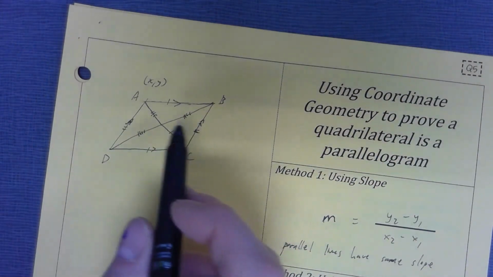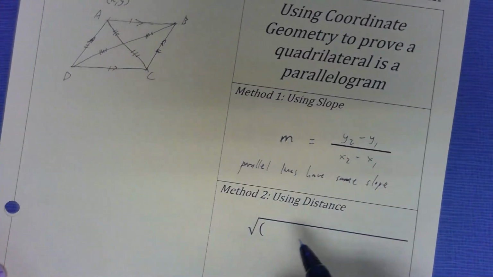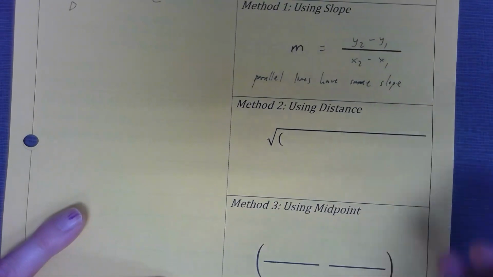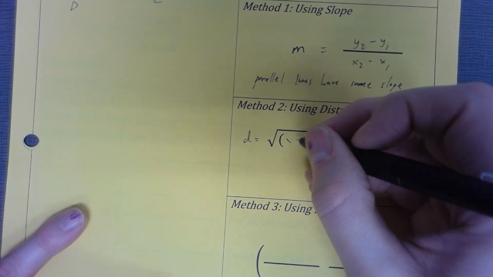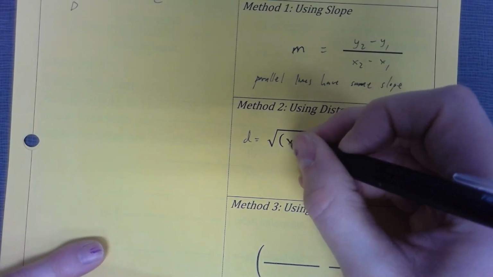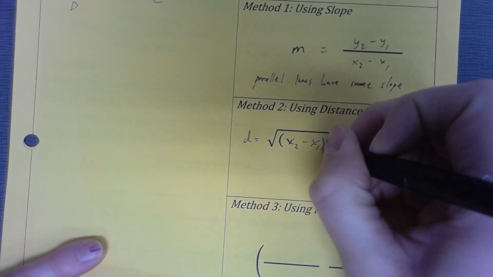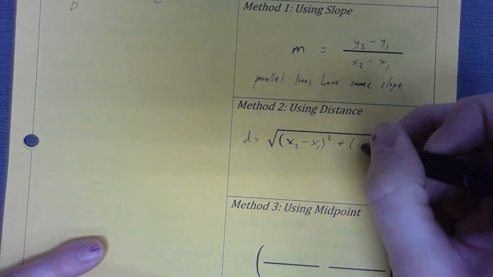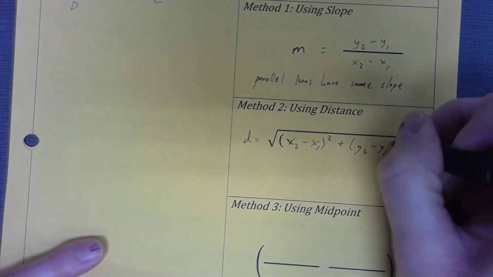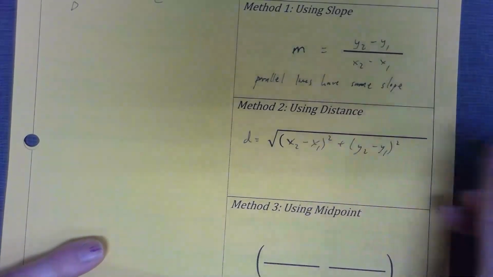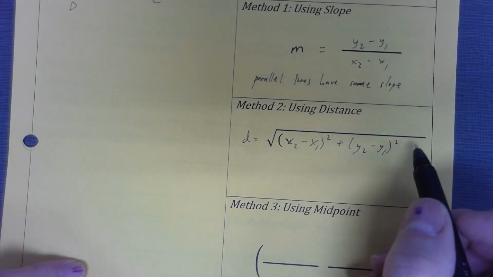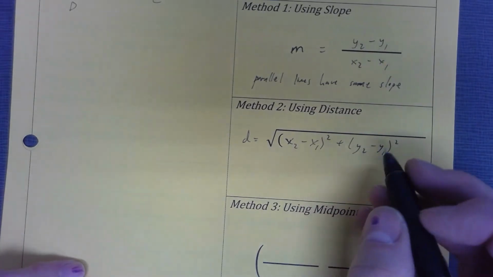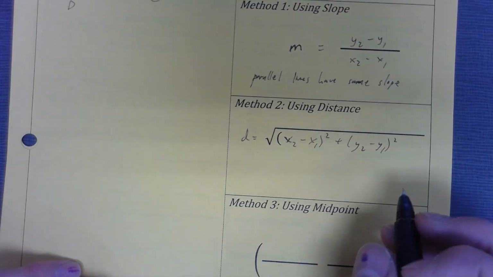Another way is using distance. To show that the opposite sides are congruent, we would need to show that the distance between the endpoints are equal. So for distance, remember the distance formula also involves the change in x and change in y. We had x2 minus x1, our change in x, squared, plus the change in y, y2 minus y1, squared, all under that square root. This would be our distance between 2 points.